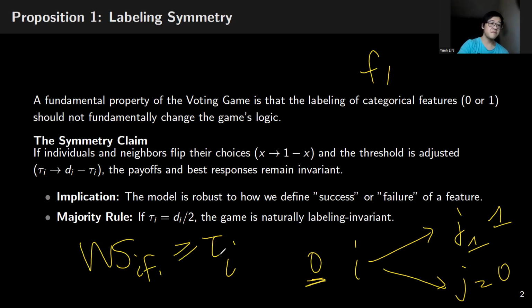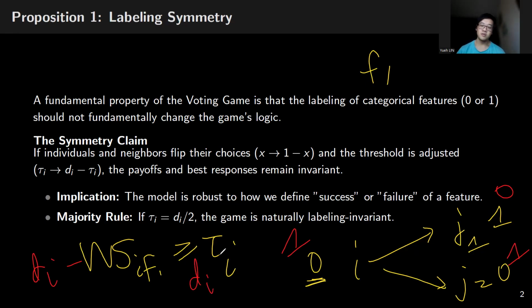Now let's do one thing. Let's consider a mirrored model. Instead, each 0 becomes 1 and each 1 becomes 0. In this case, the weighted sum will be flipped as well because of the sign. It becomes d_i minus the weighted sum.